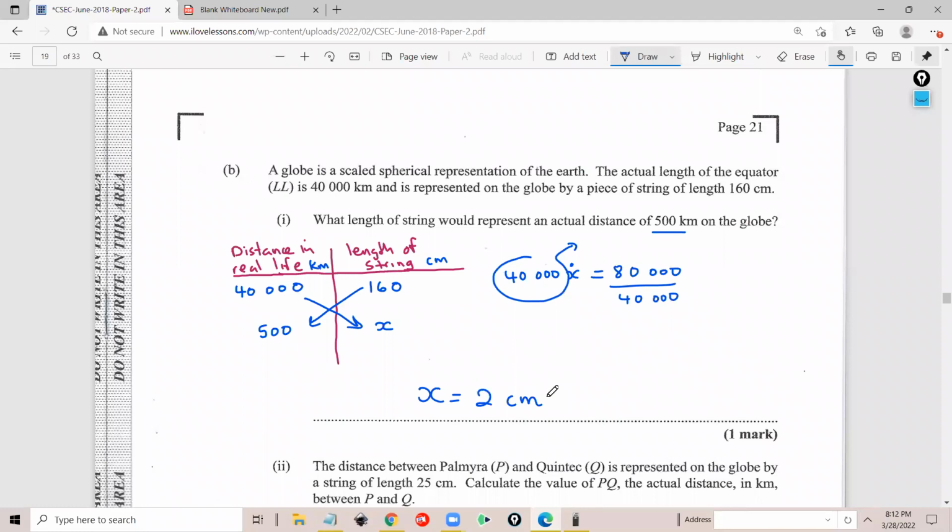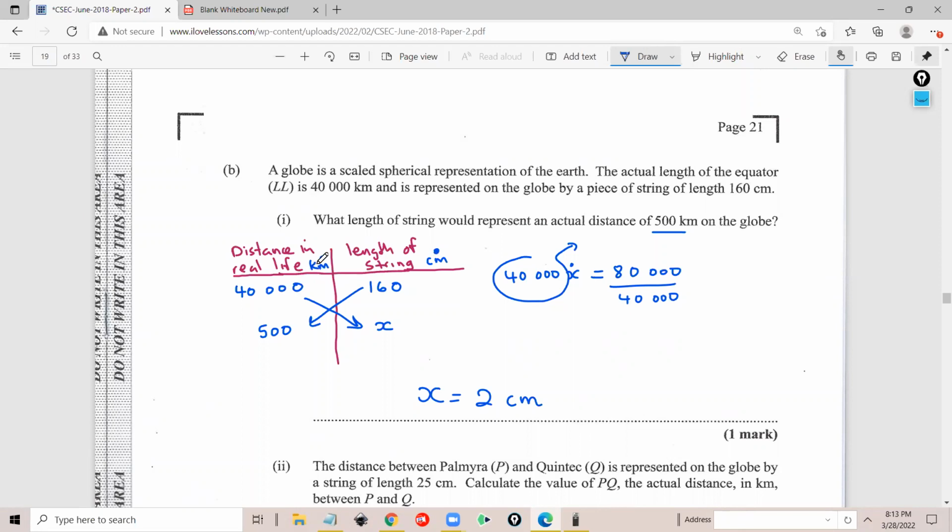I know some of you would have done it differently. You may have found for 1 kilometer and then proceeded to find for 500. That's another way of doing it, and it's 100% correct, right? And yes, you can use this method even though they are in different units. It's perfectly okay.